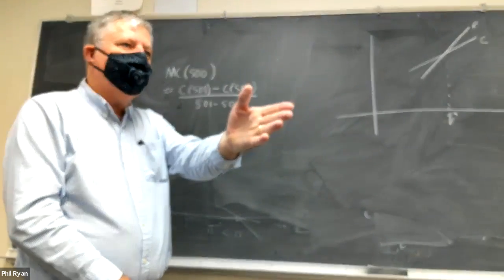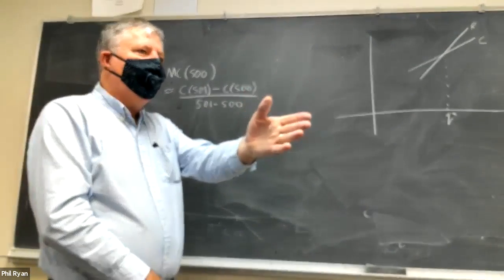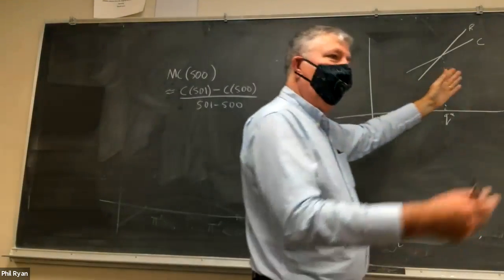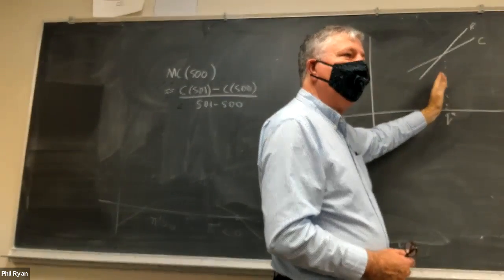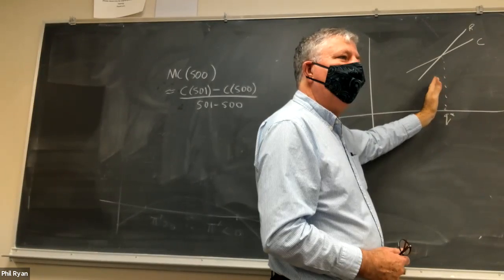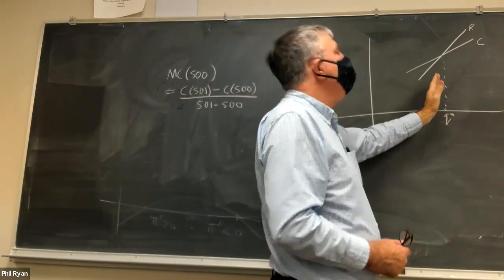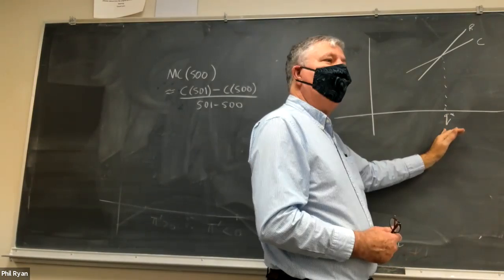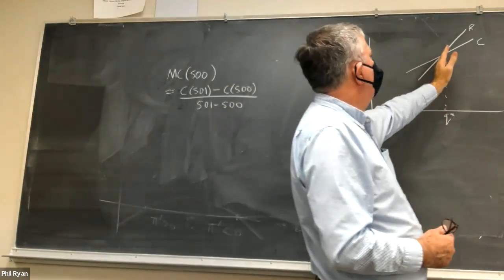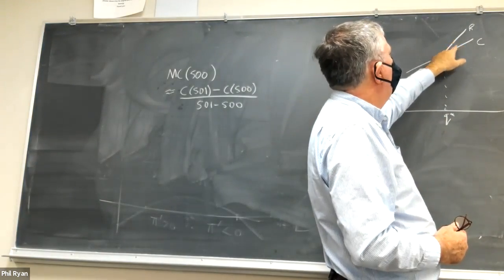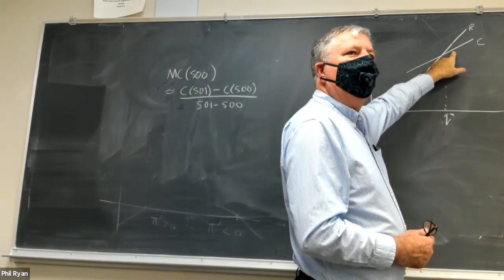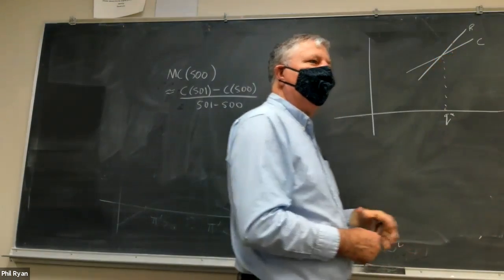Yes. Why is that? Because that's when they start to make a profit. So this is actually the break-even point, right? And so as we increase production, revenue is going to be greater than cost.